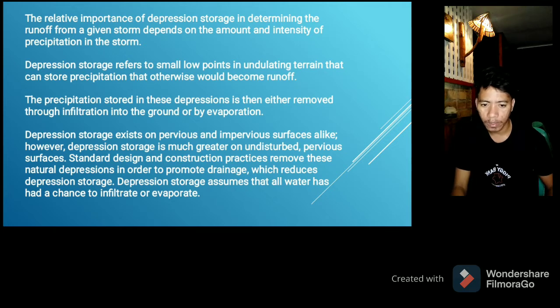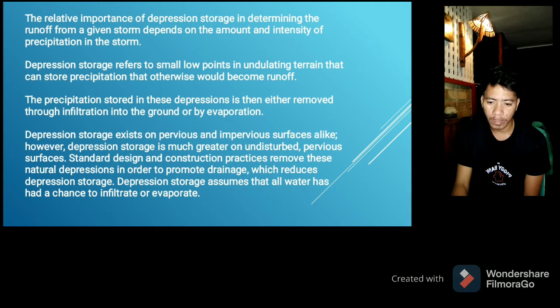Depression storage refers to small low points in undulating terrain that can store precipitation that otherwise would become runoff. The precipitation stored in this depression is then either removed through infiltration in the ground or by evaporation. Depression storage exists on pervious and impervious surfaces alike.